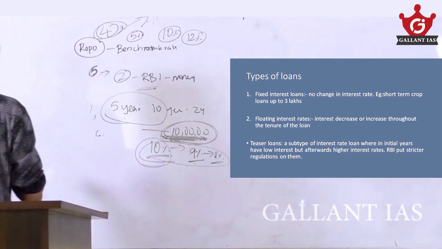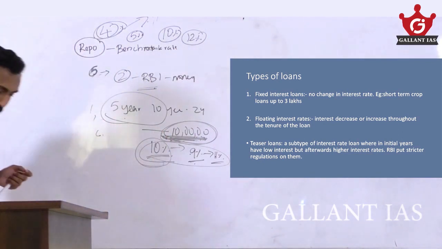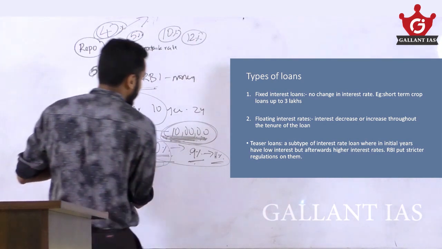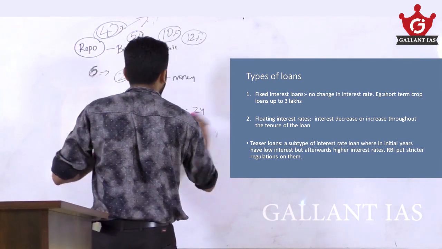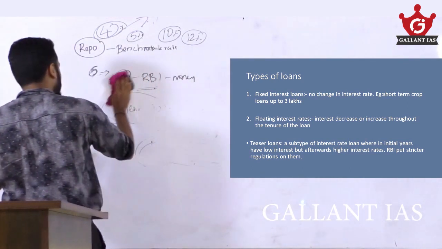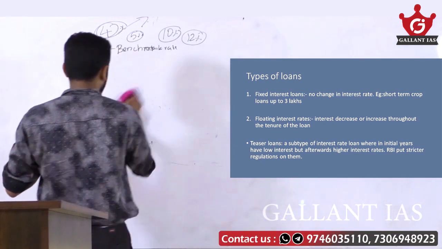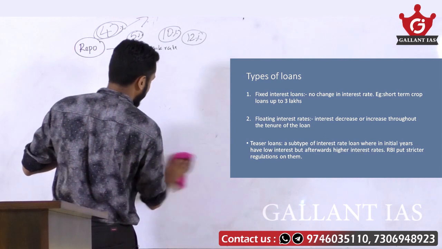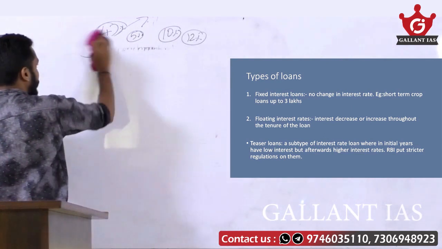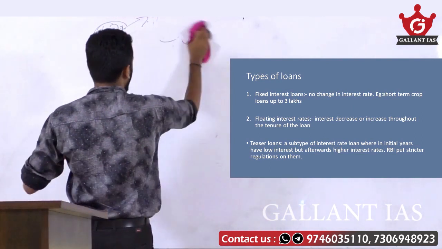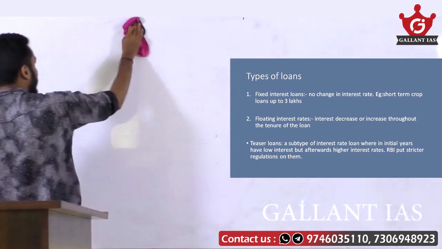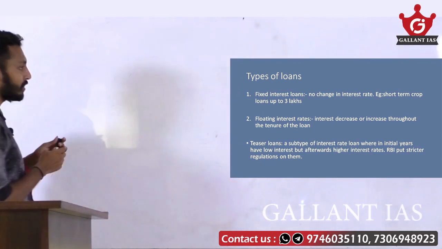Why? Because banks decide the interest rates of loans mainly based on two factors. One is the benchmark rate, for the floating interest rate of banks. Majority of the loans, banks are giving on floating interest rate, that is a changing interest rate.